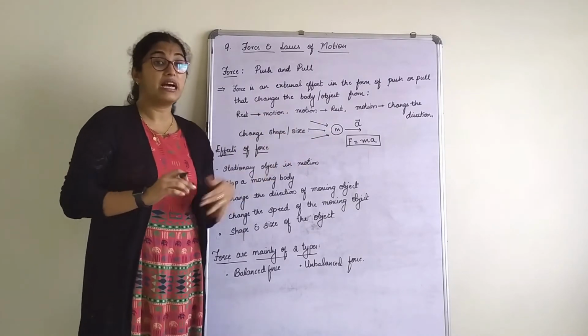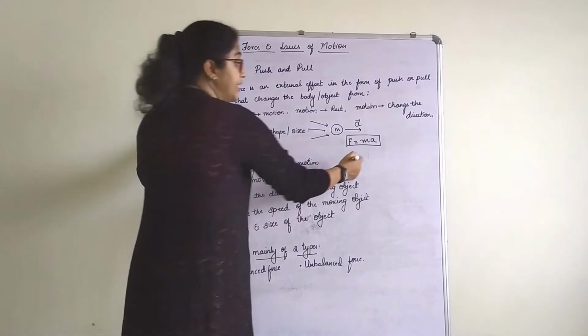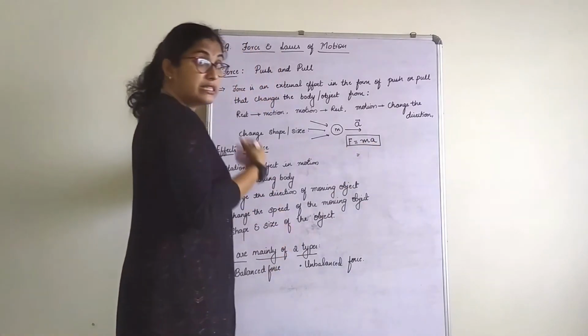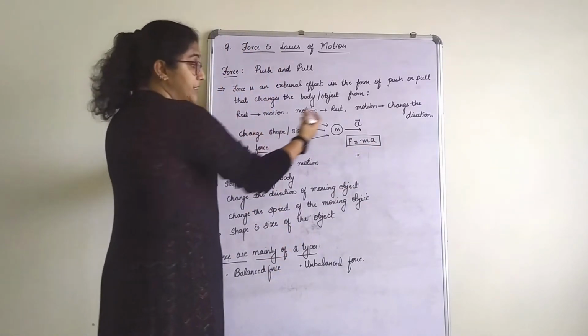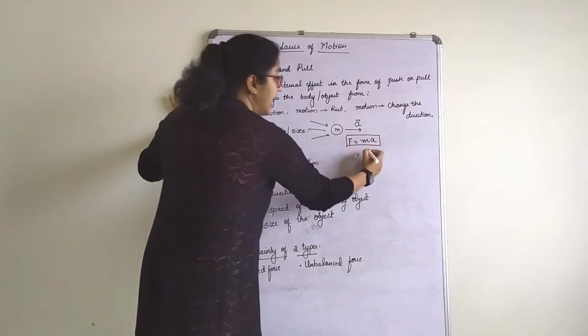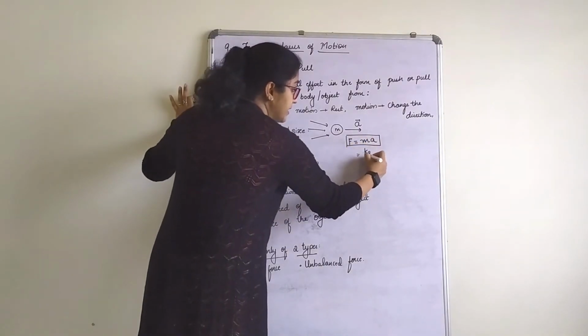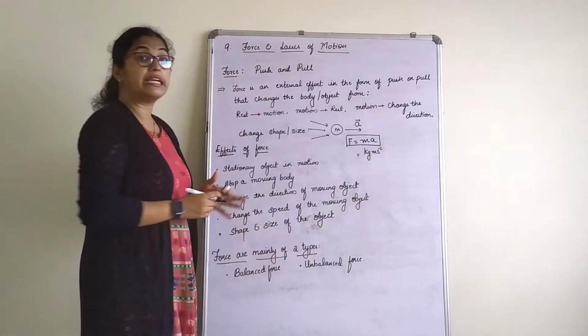So, what is the SI unit of force now? Let's define. Mass is measured in the MKS system as kg. Acceleration is measured in meters per second square.